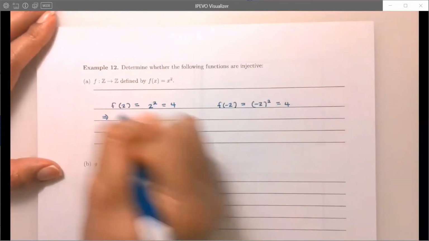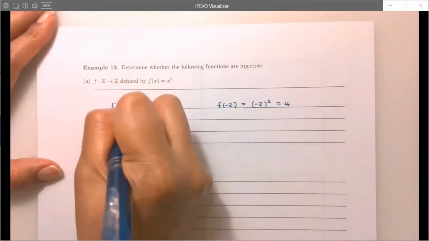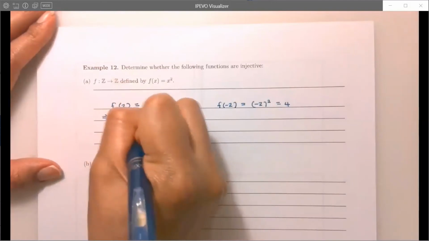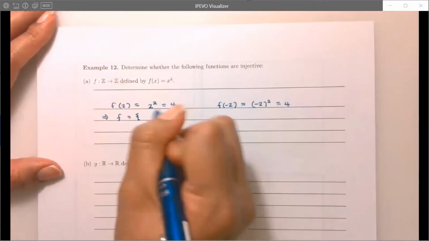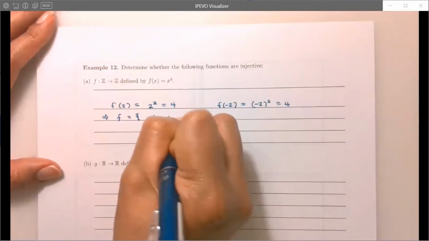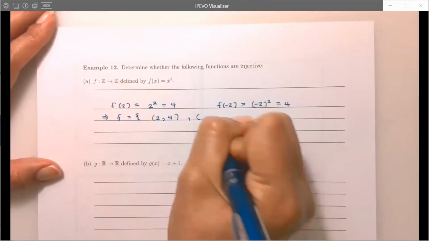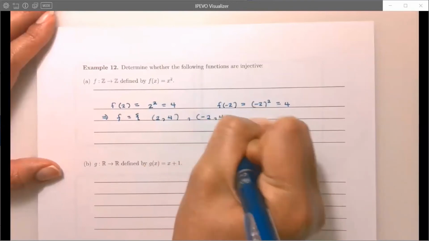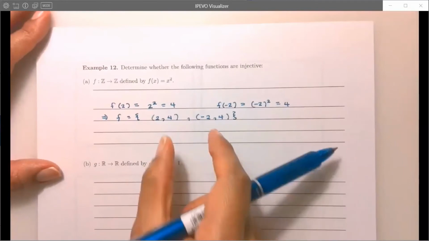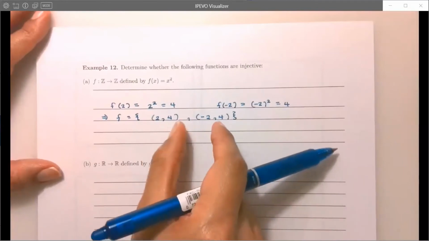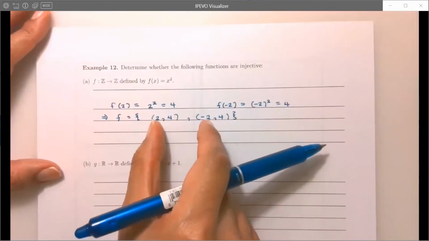So what that means is that if I list out the ordered pairs that are part of the function f, I'm going to see the ordered pair (2, 4) and the ordered pair (-2, 4). So I have two ordered pairs with the same second coordinate but different first coordinate.